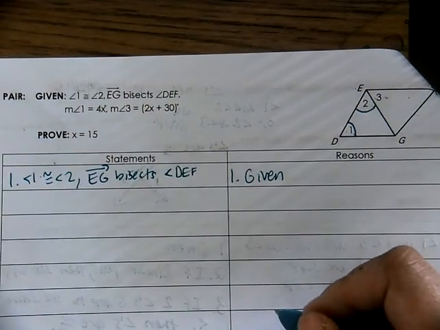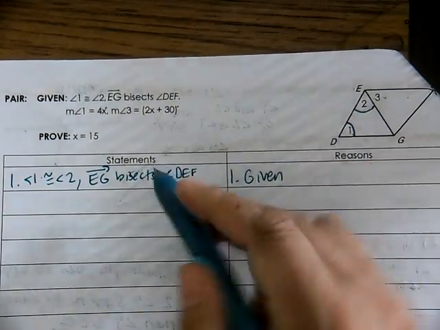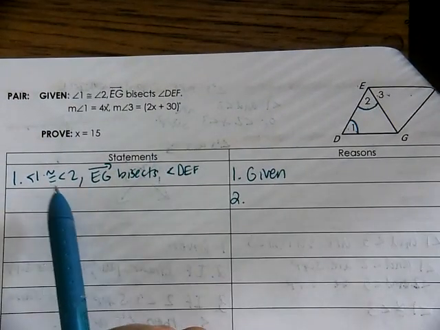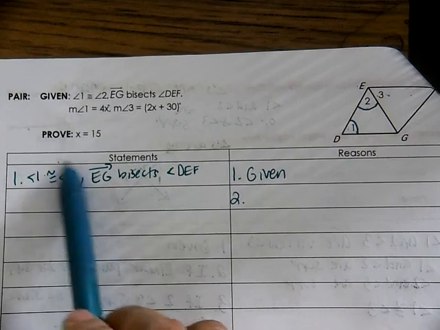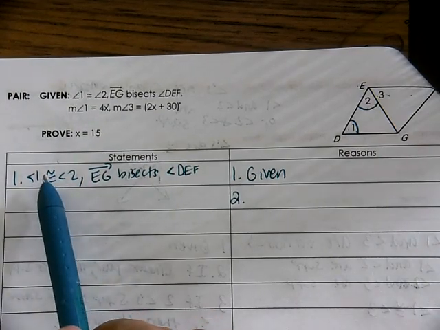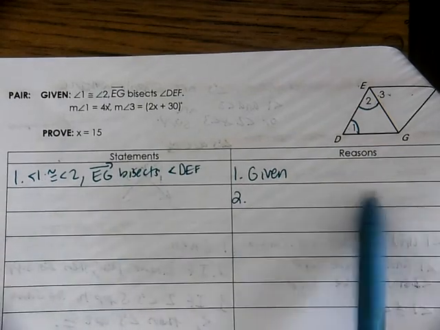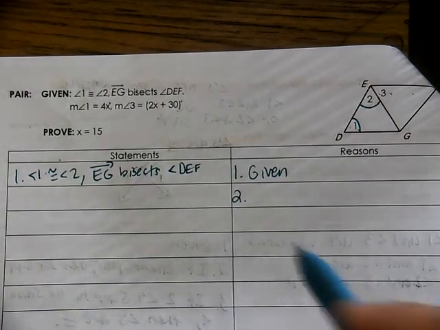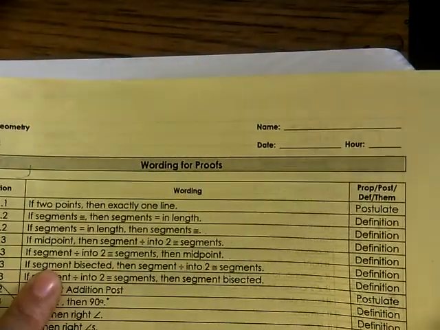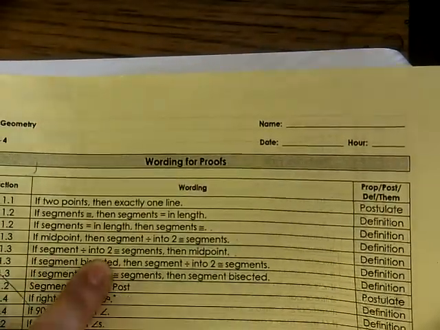Okay, and then for step 2 here, I'm going to use the definition of bisects because I can't really do anything else. Now, some people might say for step 2 instead, could I convert this to equals? Absolutely, you could. You could say if angles congruent, then angles are equal in measure instead. For step 2, I'll do that eventually, but let me just go ahead and start with bisects since I noticed it's there. And remember, be careful which one. I'm not taking the segment as bisected.